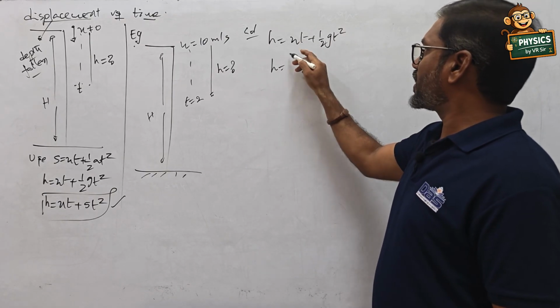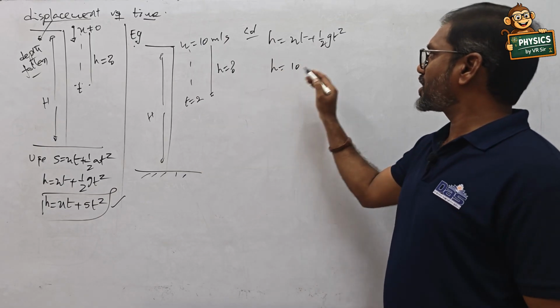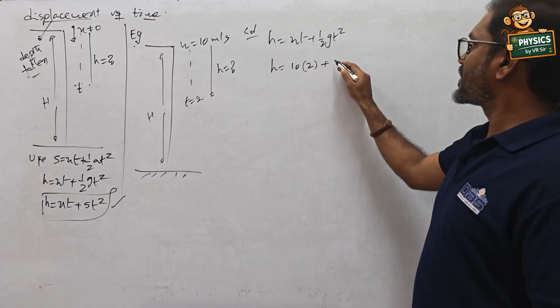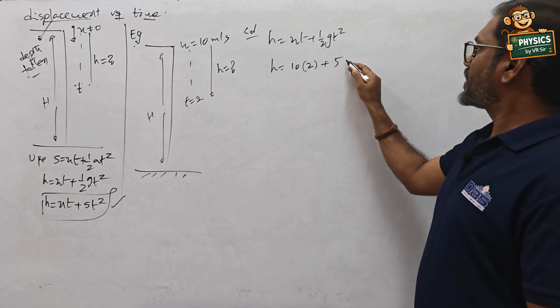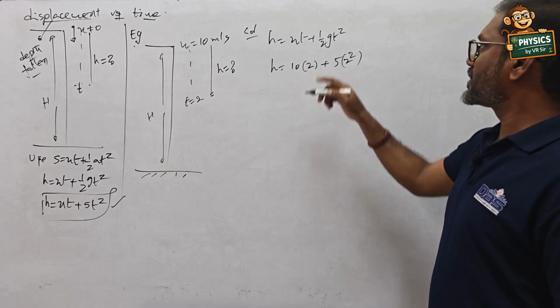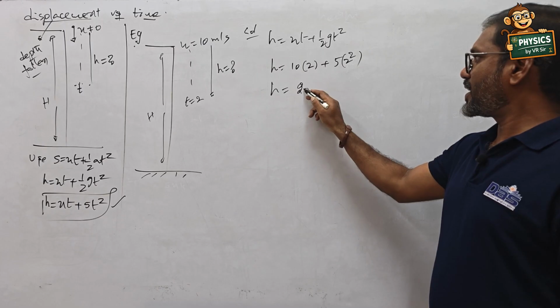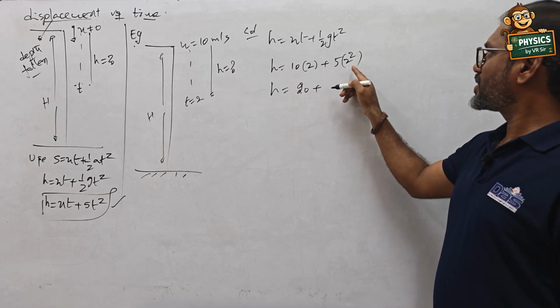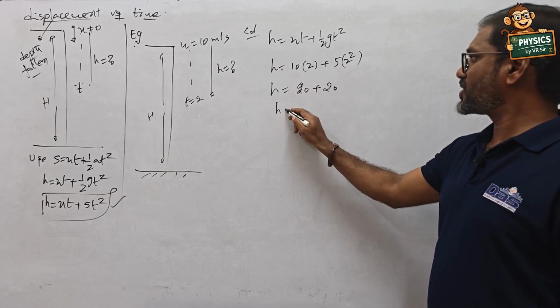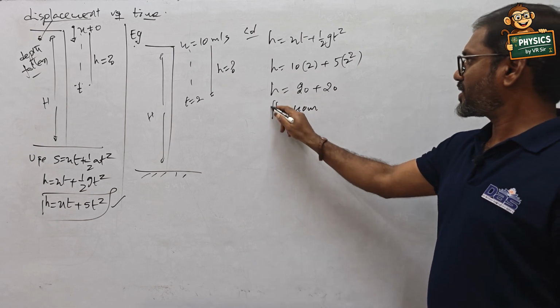So h is u, 10, into how much time, they are asking 2, plus 5 into 2 square, because g is 10, 10 by 2 is nothing but 5. So h is equivalent to 20 plus 20, so h is equivalent to 40 meters.